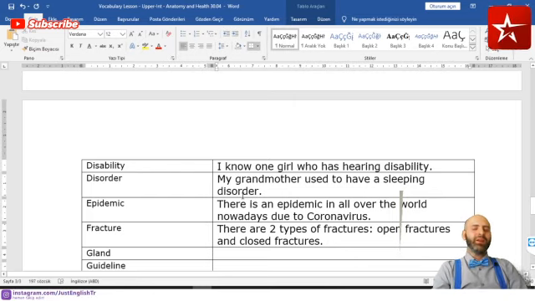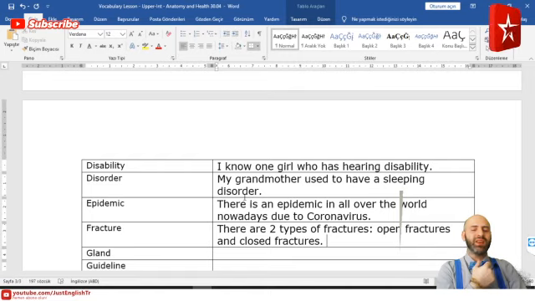Glands are in our neck, inside our neck. They come from the nose to our throat, so they connect breathing system.